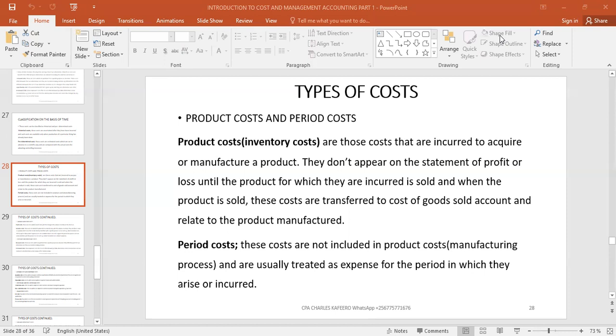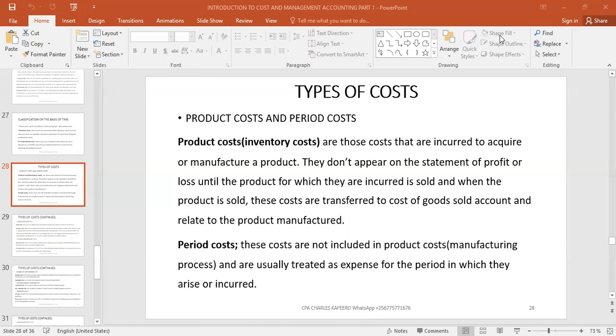So instead of adding the net purchases, here we are going to be adding the production cost because we produced our own goods. So that's where we report those production costs. And I hope you guys have got it clearly.